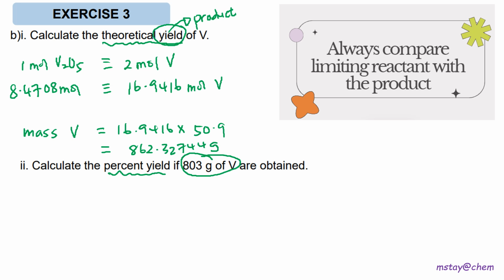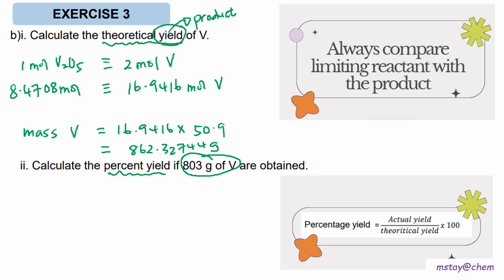Okay, so we can keep the unit for the theoretical yield in number of mole or in mass, gram. Okay, next we will calculate the percentage yield if 803 grams of vanadium are obtained. The formula for the percentage yield is actual yield divided by the theoretical yield.